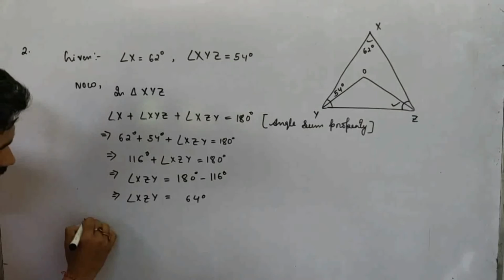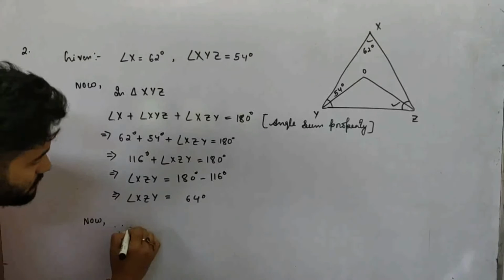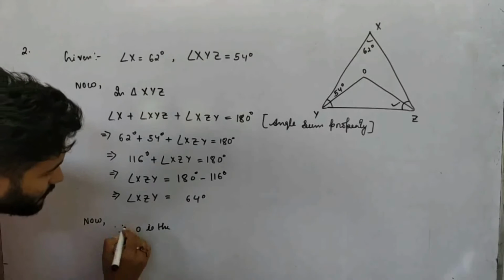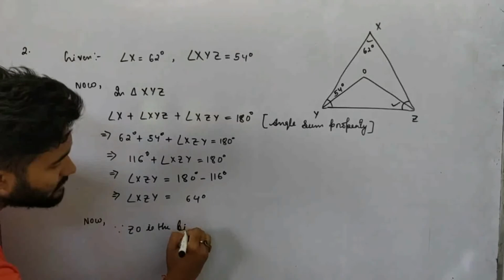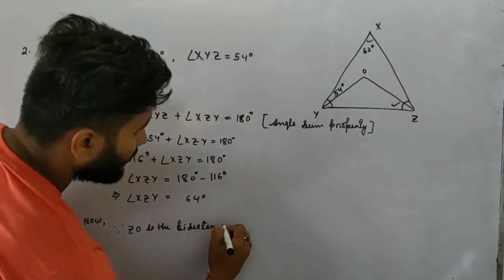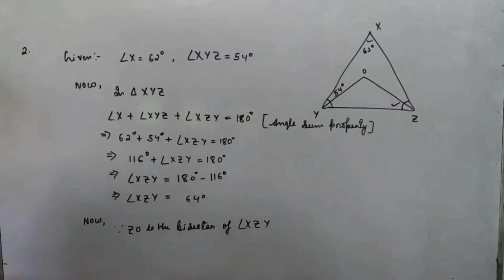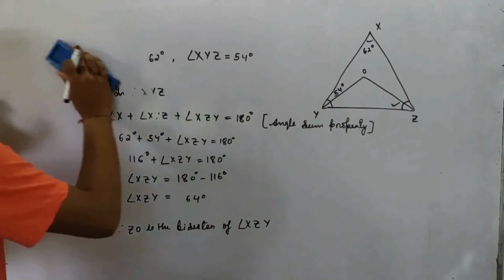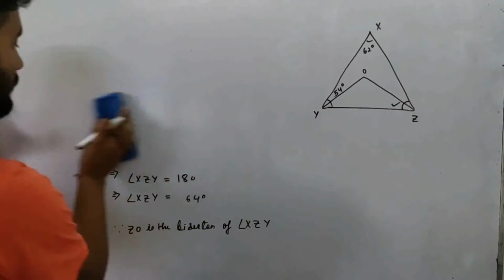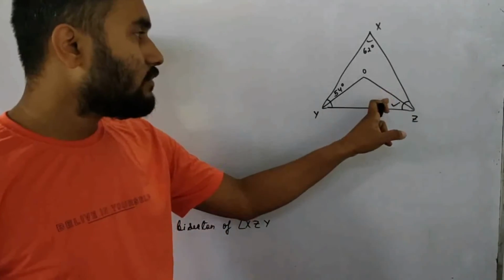So now we will say, since ZO is the bisector of angle XZY, so what we can say, that therefore this angle and this angle will be equal, isn't it?